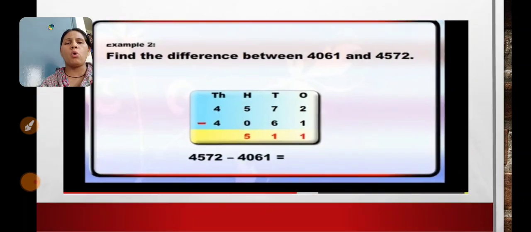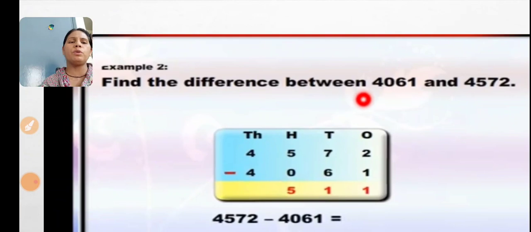Let us have a look at one more example, that is find the difference between 4061 and 4572. Here children, before subtracting, always remember to find out which one is the greater number, which one is the bigger number. As the first digits are the same, that is why we will move to the second digit. The second digit is 5, and here the second digit is 0.